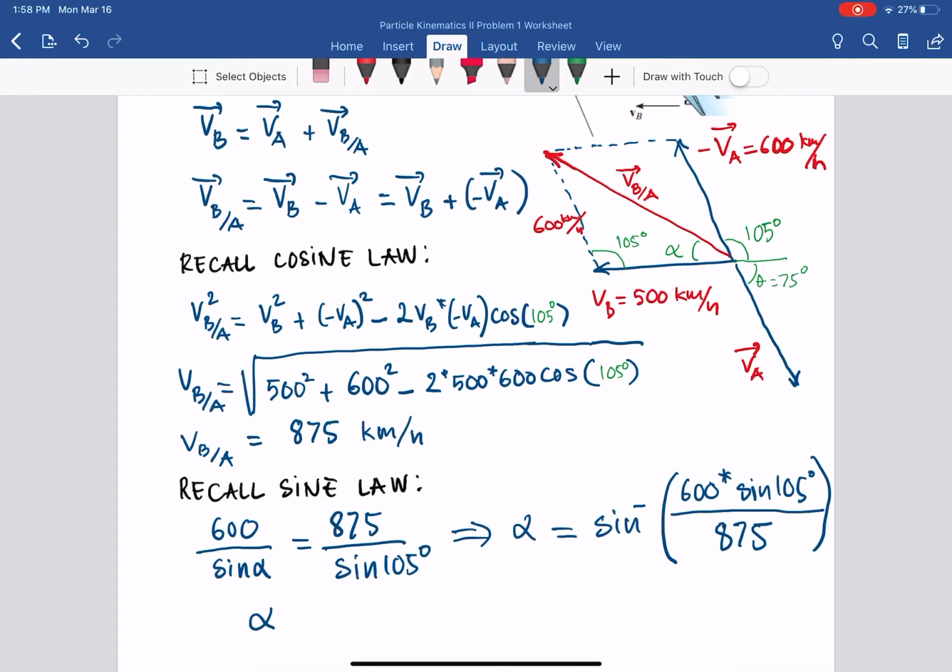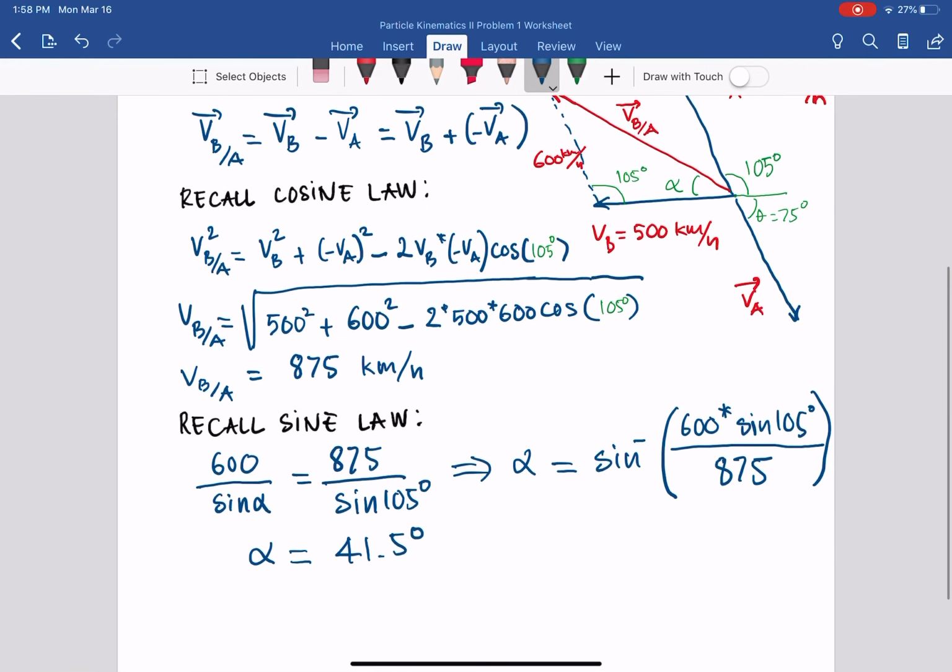From that we can have alpha equal to 41.5 degrees. So from that, what should be the answer? As you can see, the magnitude is 875 kilometers per hour, and the angle alpha is 41.5 degrees from the negative x-axis.